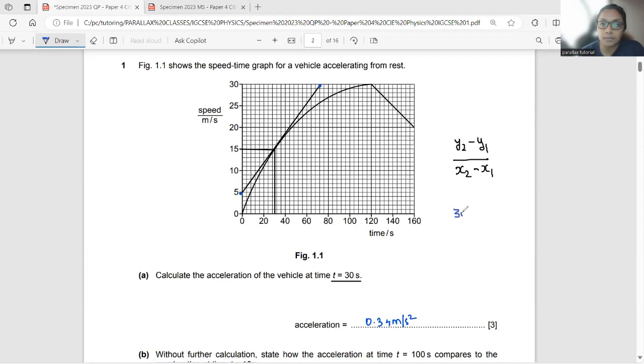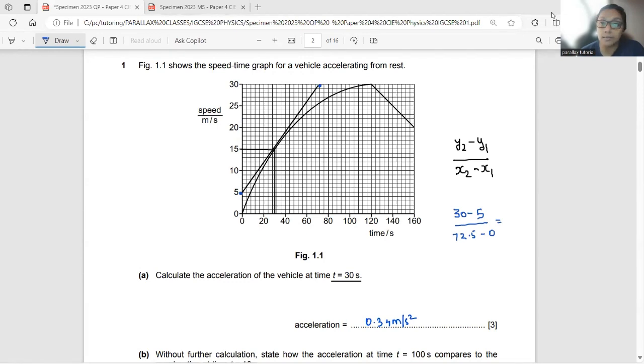So it will be 30 minus 5, and change in x is, let's see where we see the x-axis. It's approximately over here, which is roughly 72.5, we may say, 72.5 and 0, right? 72.5 minus 0.